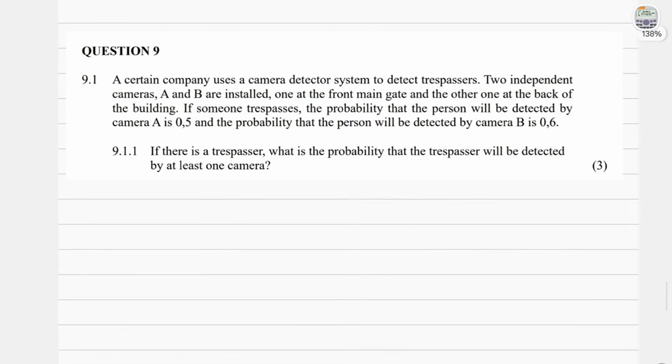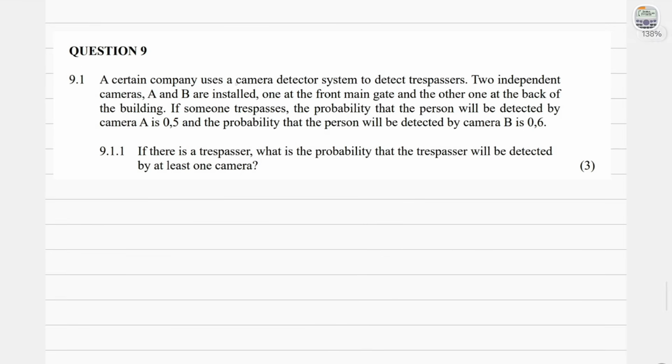Question 9.1 says, a certain company uses a camera detector system to detect trespassers. Two independent cameras, A and B, are installed, one in the front of the main gate and the other one at the back of the building.